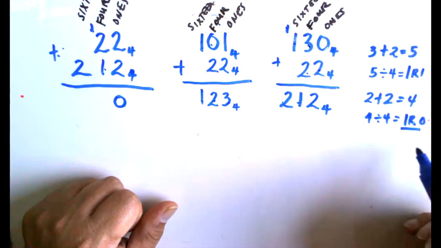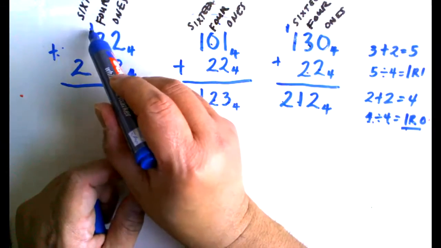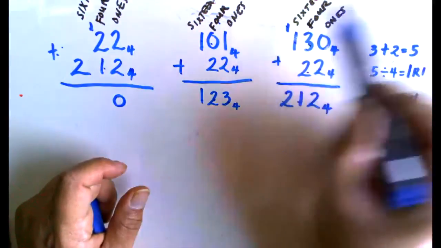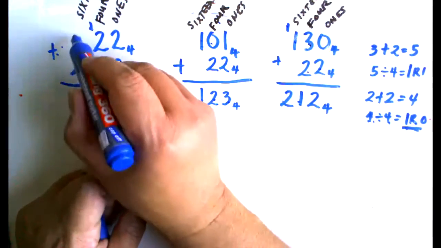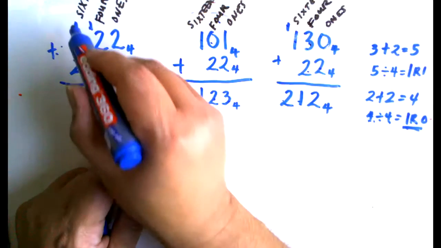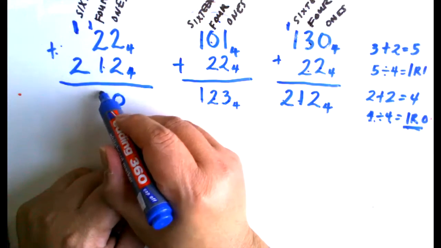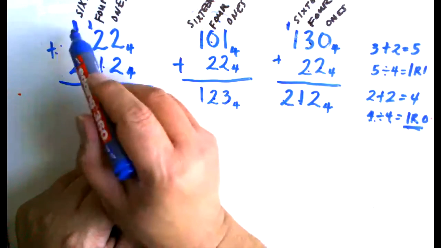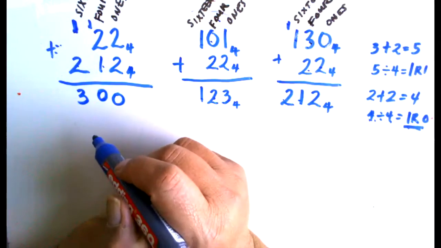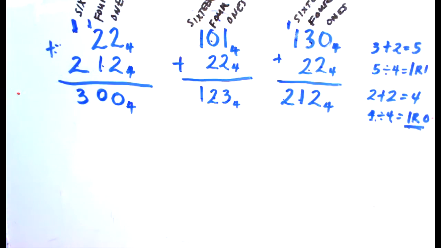But that 4, how many 4s go into 4? 1. But this one, there will be 4 groups of 4. Because we can't write 4, we have to do this again. So 4 groups of 4, which is 1 16, and 0. Now we have to add 1 plus 2 is 3 16s. And so your answer here is 300. Very interesting.